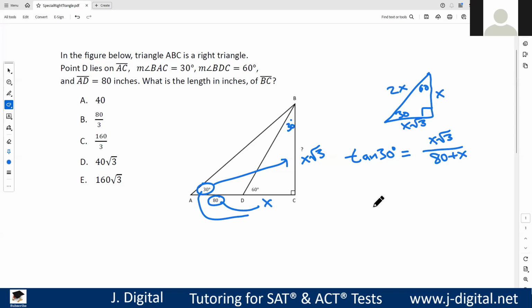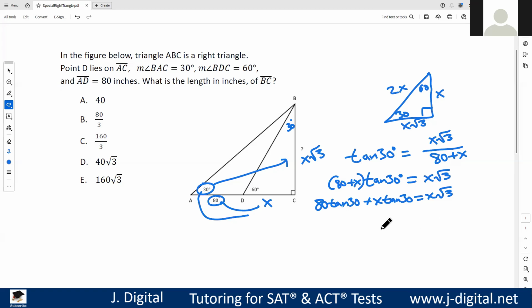So we can solve for x. Okay, I can multiply both sides by 80 plus x. I can distribute tangent of 30. So 80 tangent of 30 plus x tangent 30 equals x square root of 3.